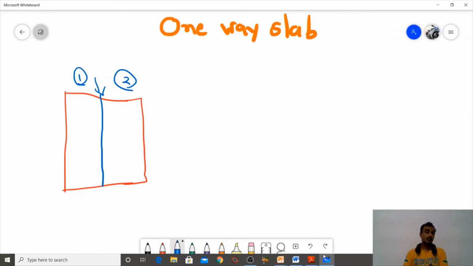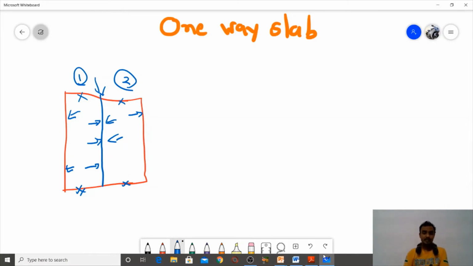How is this transferred? As we discussed earlier, a one-way slab transfers the load in two directions. Means slab 1 transfers the load only in two directions. On the one-way slab we have only slab load. Our load is transferred only to two beams. This beam does not carry a load.